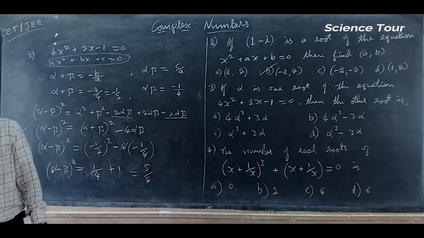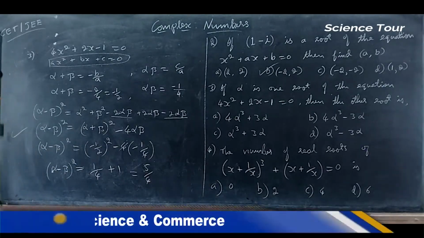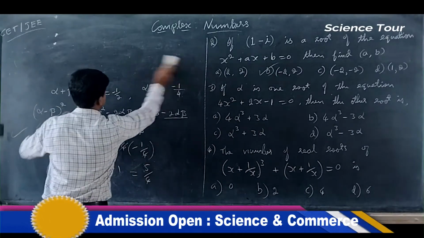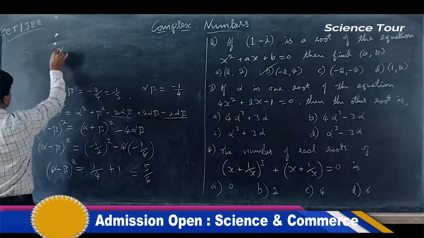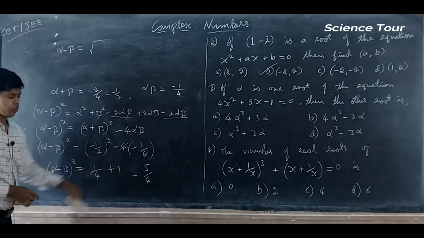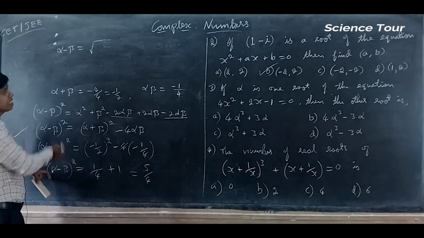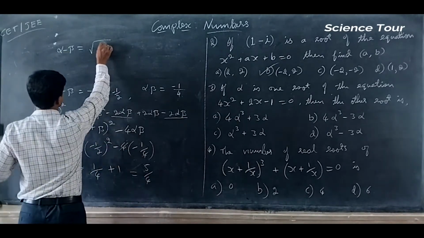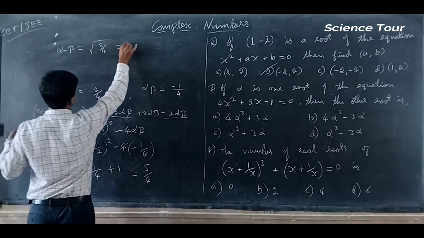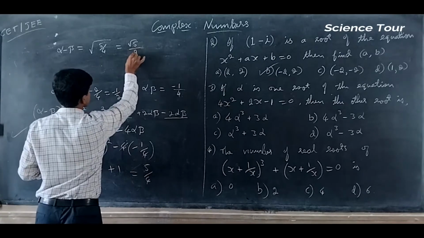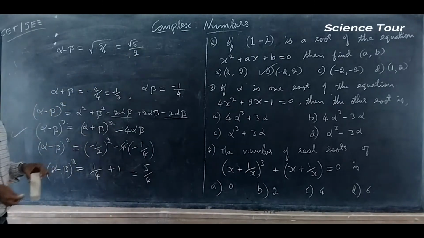Therefore what is alpha minus beta? I have a square, so I need to get rid of the square, so I take the square root on the other side. So that is square root of 5 by 4, so square root of 5 and root 4 is 2. That's what alpha minus beta is.